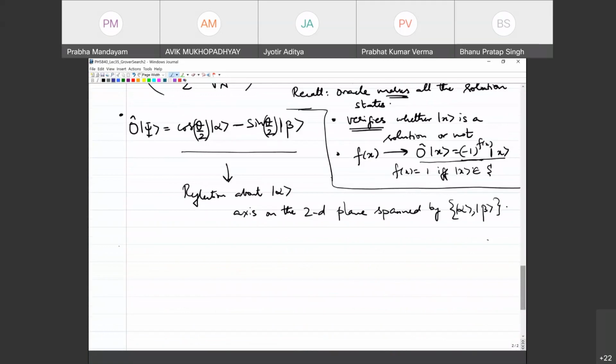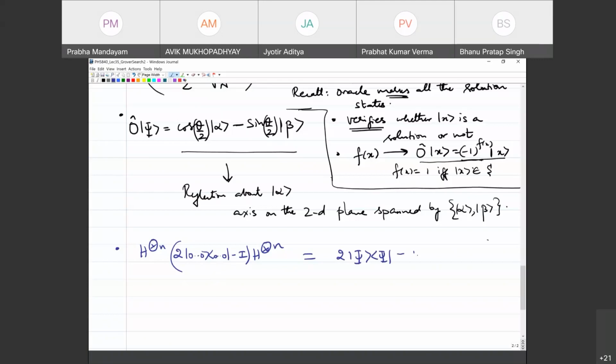So the next step, which is your Hadamard tensor n, twice 0, 0 minus identity, Hadamard tensor n, right? So this is nothing but, let me write this out, the all zero state minus identity. Then this gives me twice psi minus identity.